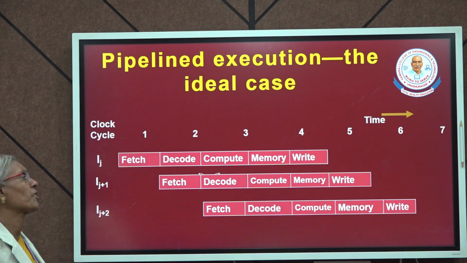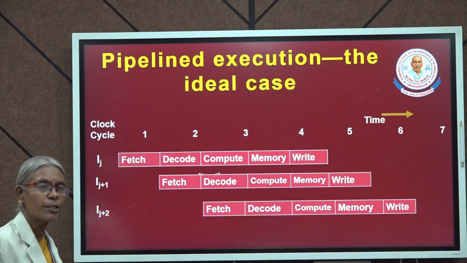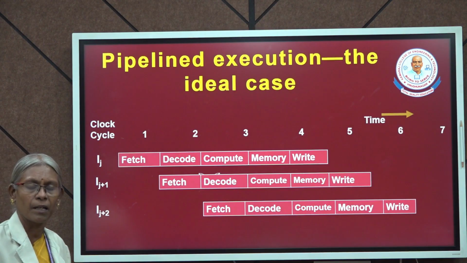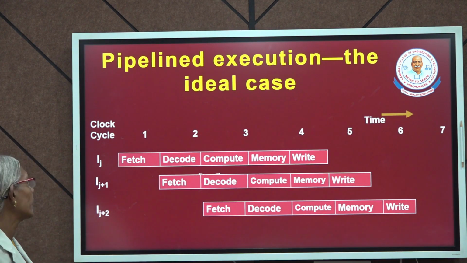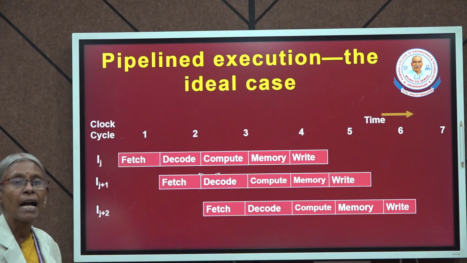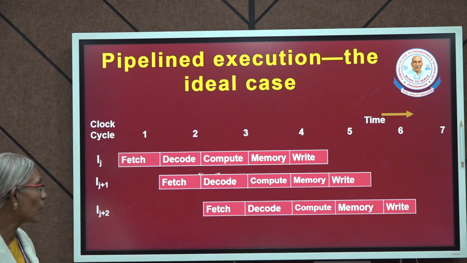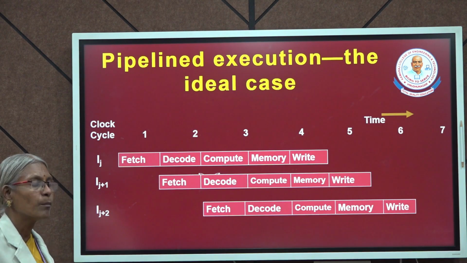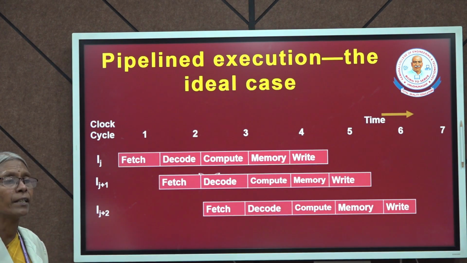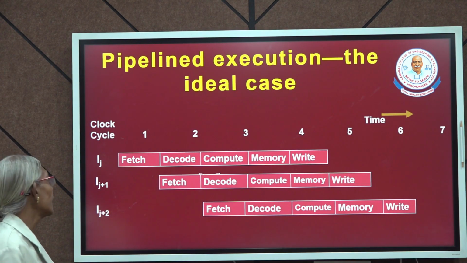In a computing system, let us have some instructions, Ij, Ij plus 1, Ij plus 2, and every instruction takes 5 clock cycles: fetch, decode, compute, memory and write. Ij plus 1 also requires 5 clock cycles. Now if we apply pipelining, more than one activity can be carried out simultaneously.